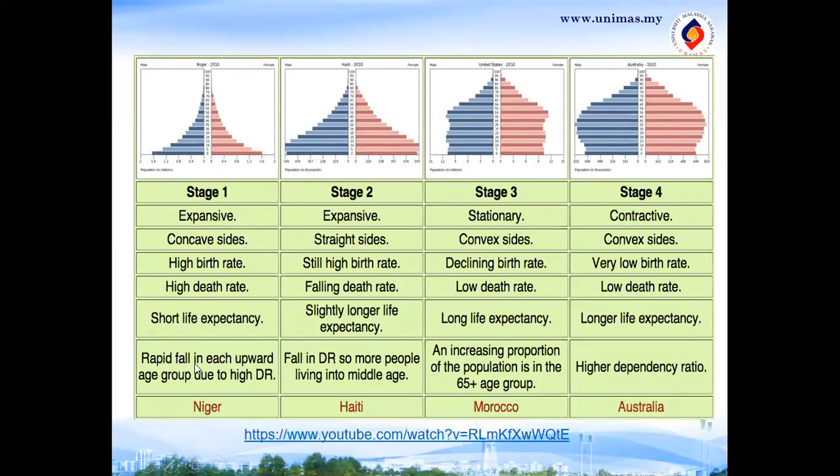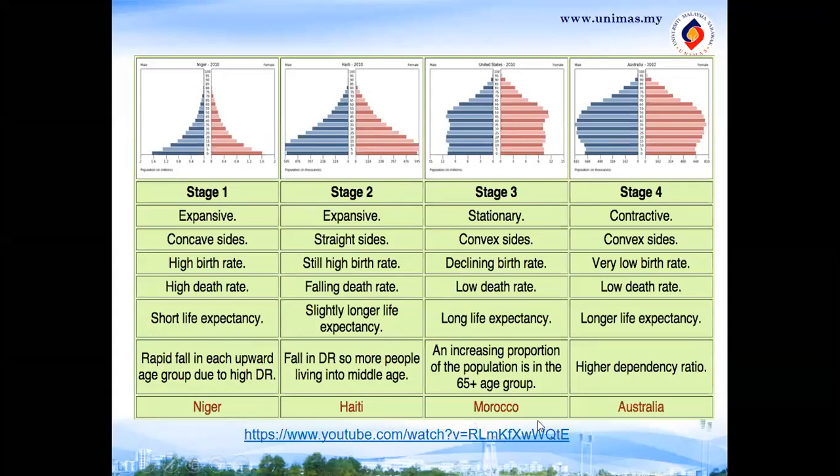Okay, so another example of a country, for example, in this shape is Niger. Niger is not Nigeria. Niger is another country in Africa. Stage 2 is where example of Haiti. Malaysia probably is about here. Stage 2 kind of pyramid.